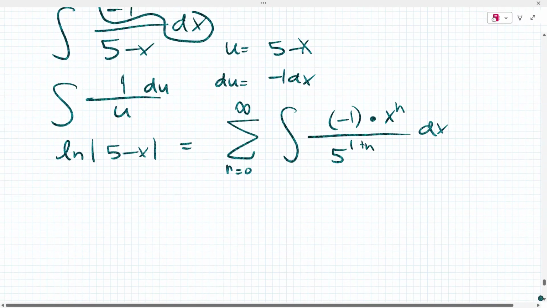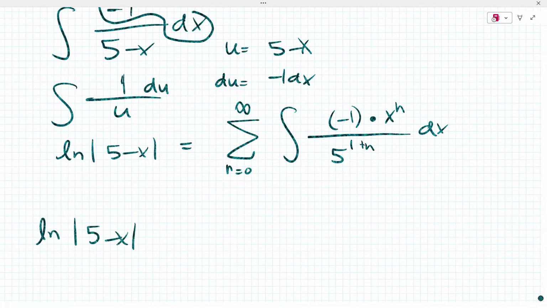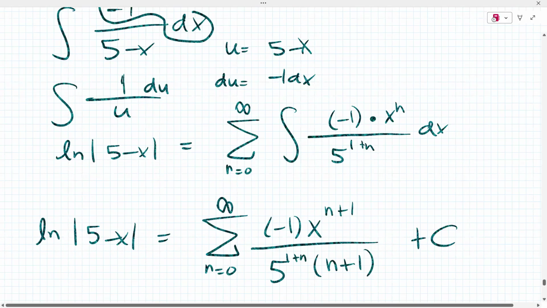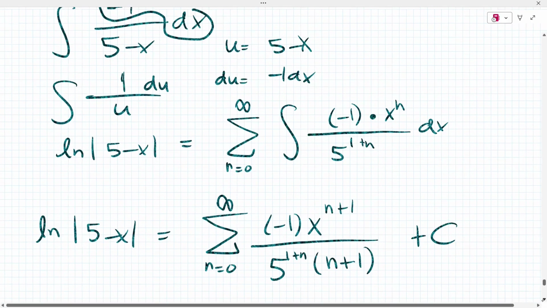Okay, so now we have ln of absolute value 5 minus x equals the summation of n equals 0 to infinity of negative 1 times x to the n plus 1 over 5 to the 1 plus n times n plus 1, plus c. Now what you do is find c by letting x equal 0.